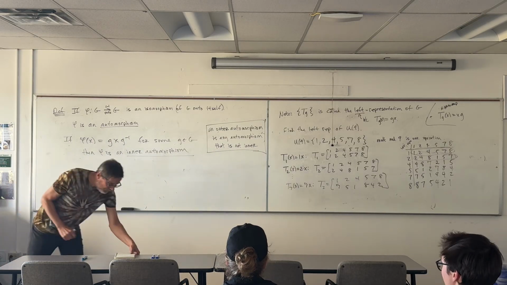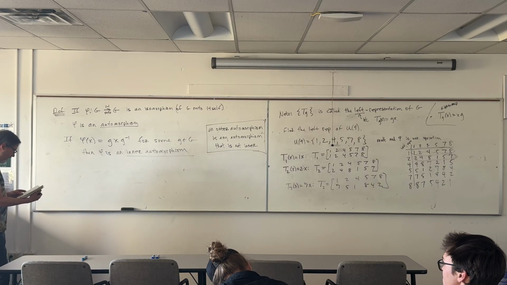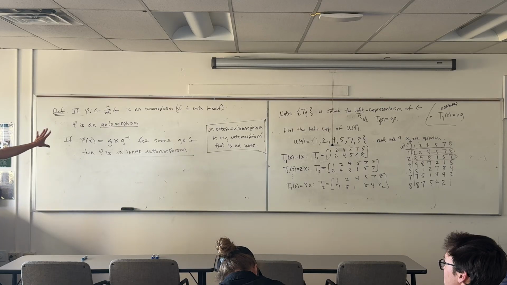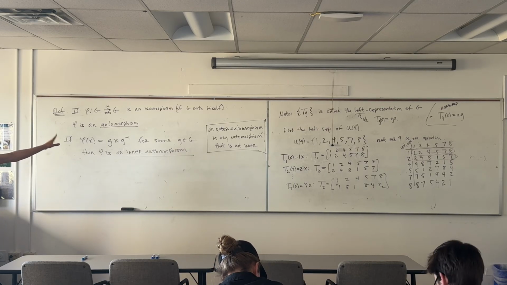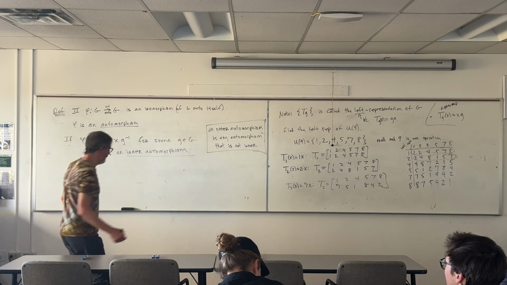So let's start playing with this. I did have some things I wanted to prove first. I kind of jumped ahead a little bit. We'll come back to these definitions, but at least now we know what the homework means. But we need a couple properties of basic isomorphisms first.